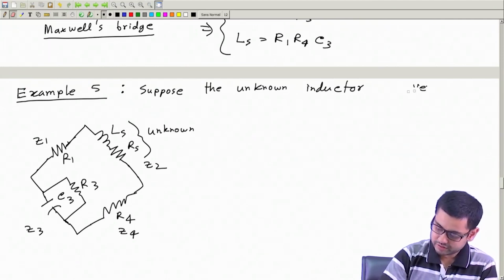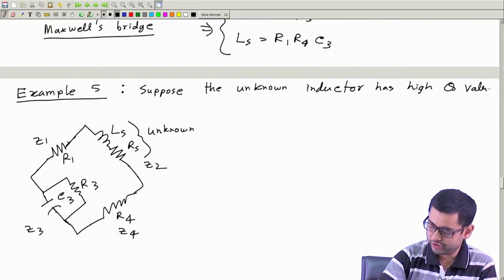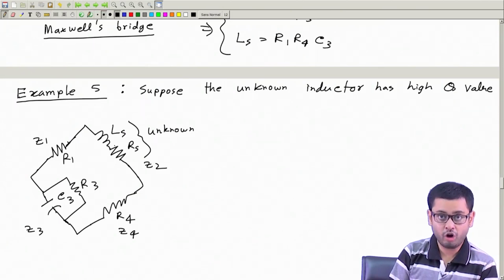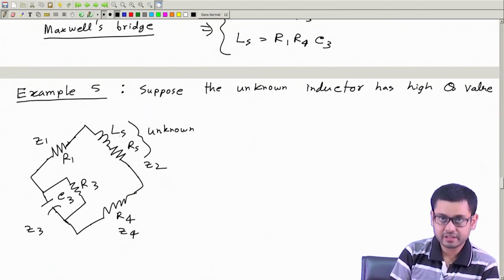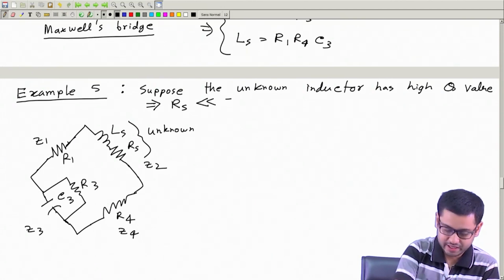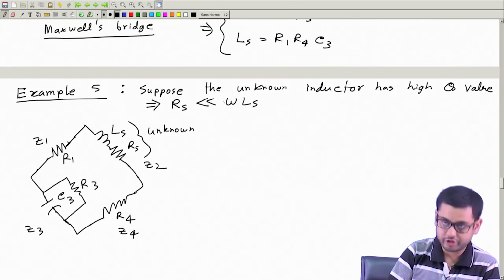So, the unknown inductor has a high Q value. What does this mean? This means simply the RS resistance is smaller compared to the inductance part. So, RS is much smaller compared to the magnitude of j omega Ls for a given frequency omega.